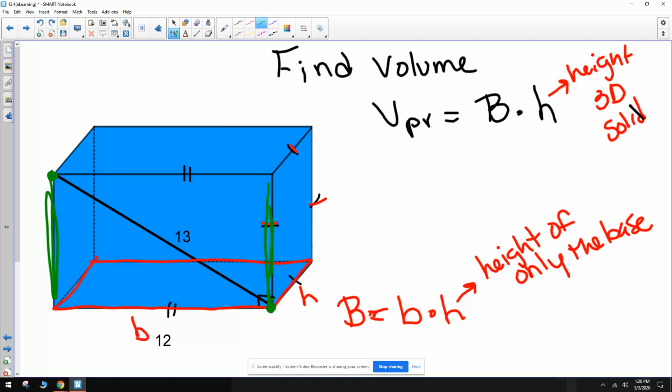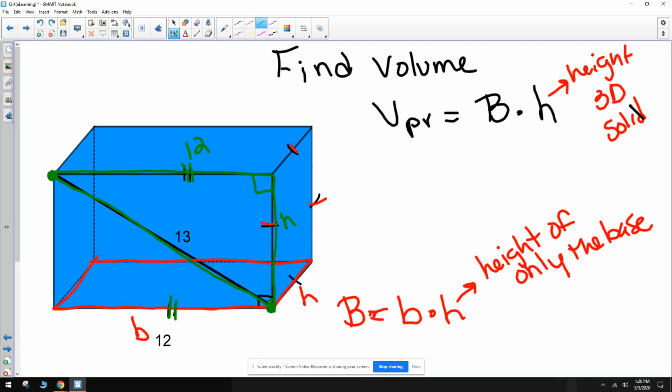So what actually gets created here is a right triangle. I know it's a right triangle because I have a rectangular prism, which means all the corners are 90 degrees. These two sides are equal, so I know this is 12, and I want to find this side here, which is h.